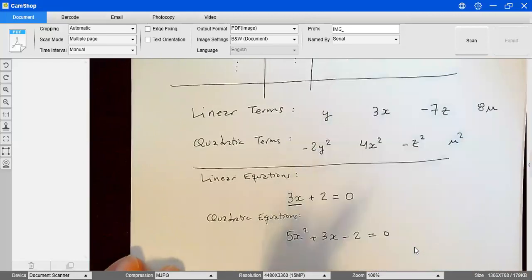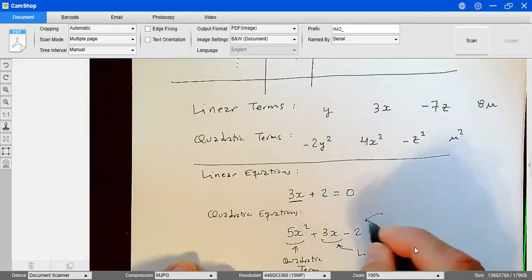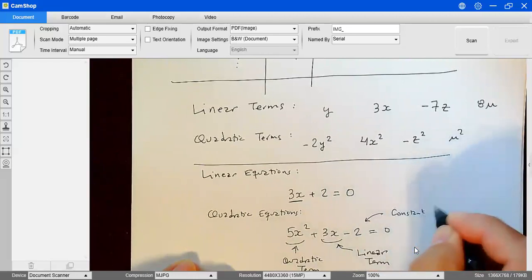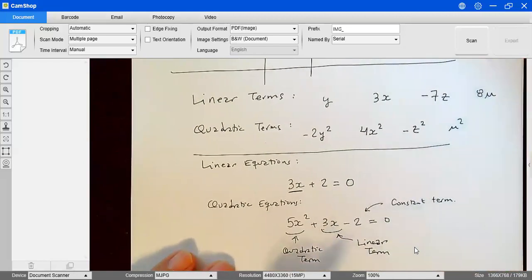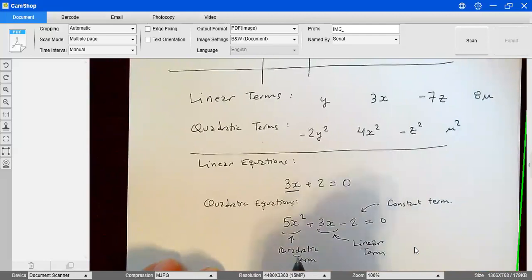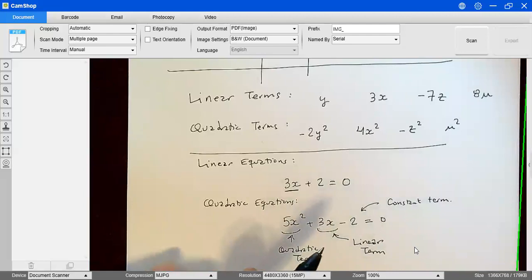So in this quadratic equation, we have a quadratic term, we have a linear term, and also we have a constant term. But what is the term that influences the name of the equation? The term with the highest power. So in this case, the quadratic term is the one that dominates the terminology for this equation.